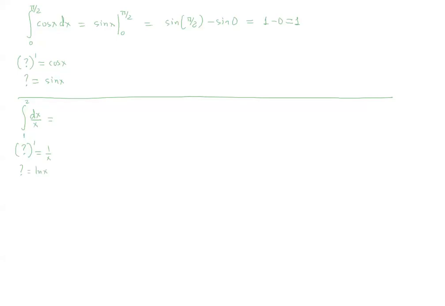We will see later that this can be extended a little to include negative numbers, but for the moment, we're just interested in positive numbers. So we're going to have ln of x from 1 to 2, which is ln of 2 minus ln of 1, ln of 1 being 0, that gives you simply ln of 2. And that's another example of an integral.